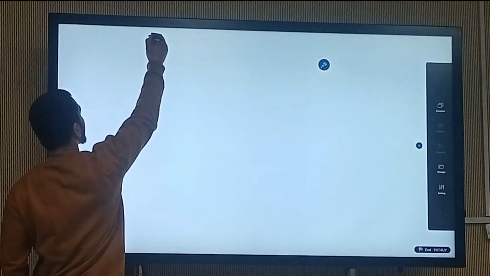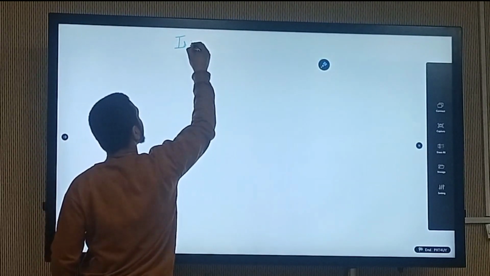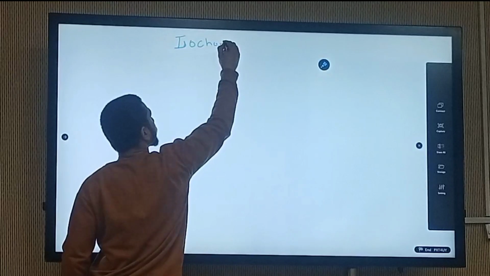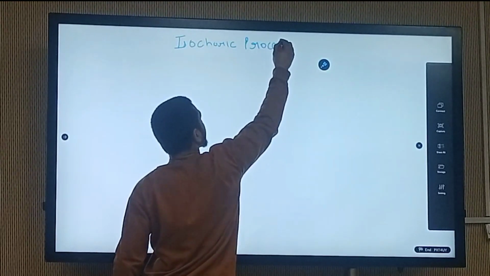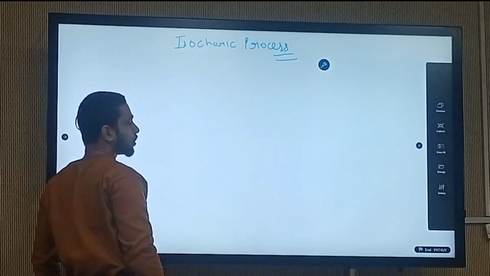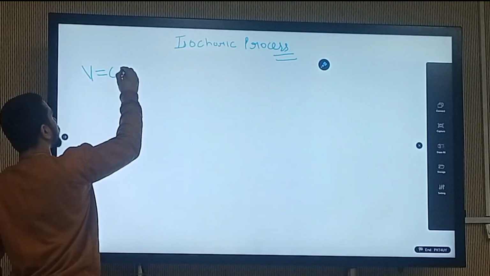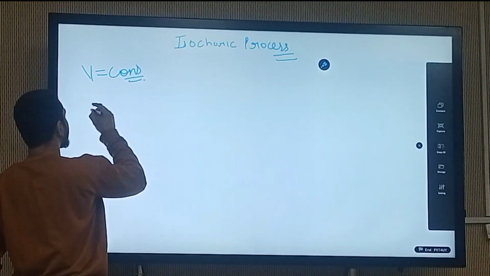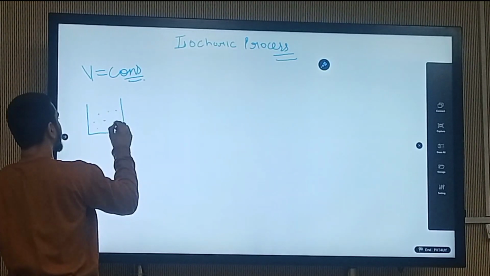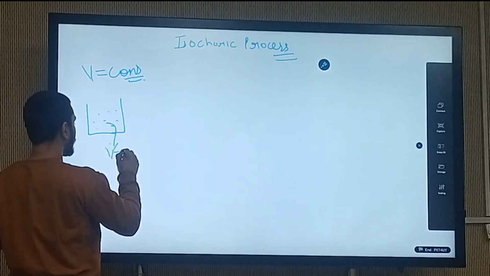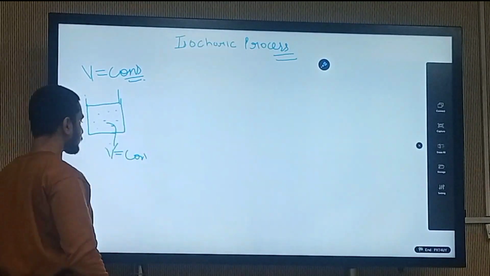Okay, so let's see the next process, which is the isochoric process. In the isochoric process the volume is constant. Suppose that this is the reaction which is there; here the volume will be constant.